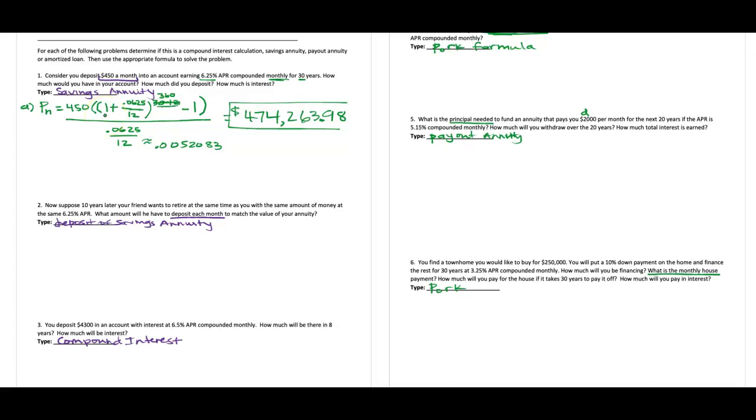Did you hit enter? Yeah. Okay, because you always have to hit enter after each one, and that's where some people forget. Then to the power of 360, and that gives me 6.4891663881. Okay. And minus 1. That's 5.4 whatever. And then times 450. 2470.12. And then divide that by 0.0052083. And that time it worked.